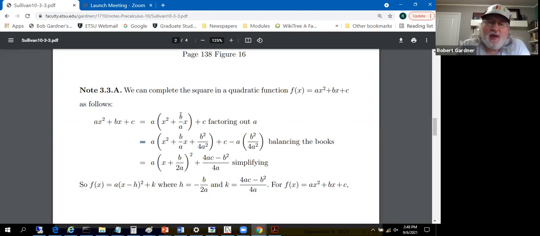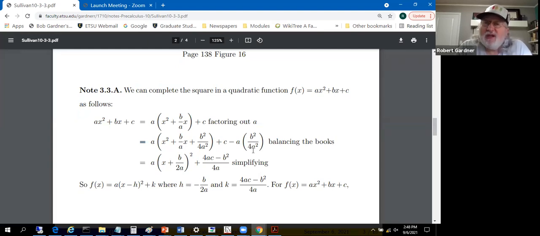The b over a we had up here, we get b over 2a down here in terms of what we get when completing the square and then factoring. This stuff here, let's combine it. The denominator, well, if I cancel this a with the a squared down there, the denominator will be 4a.